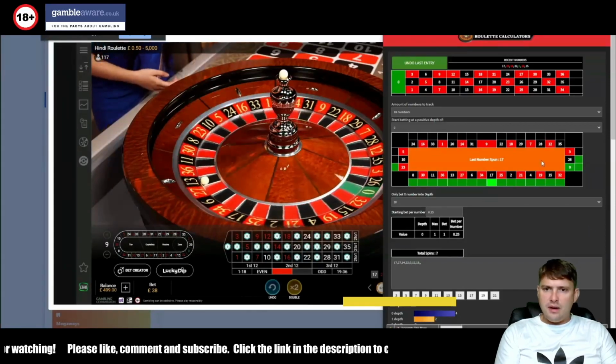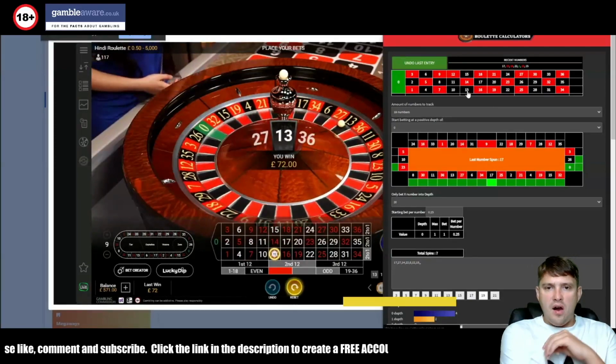And that's landed on number 13, so fantastic hit there.